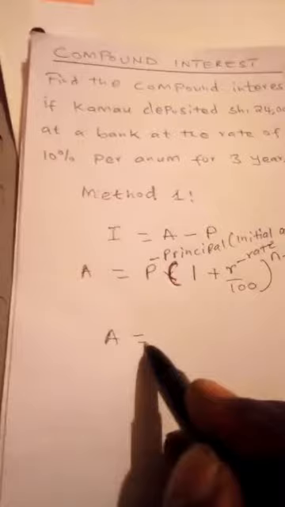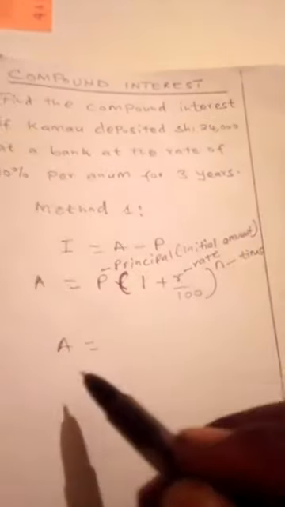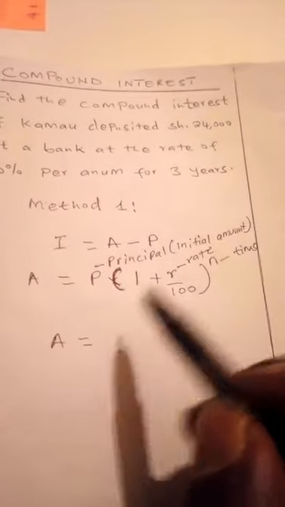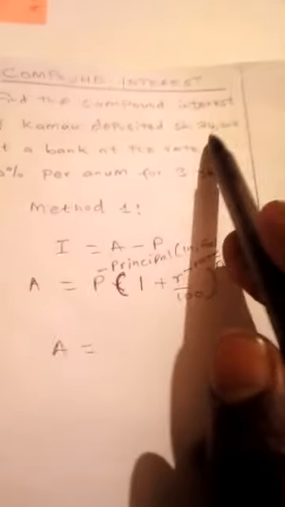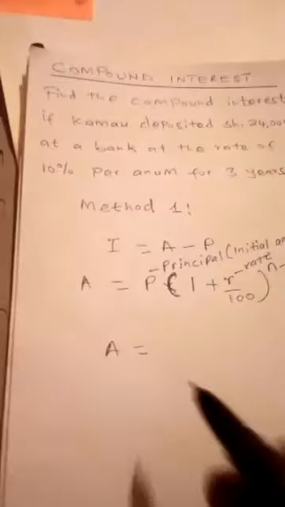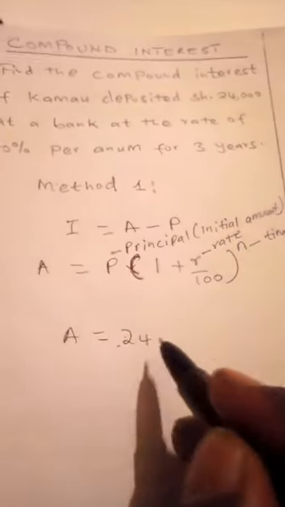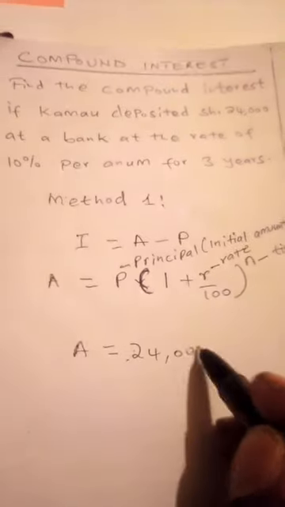So let's start. Amount is going to be equal to principal. Principal here is 24,000.